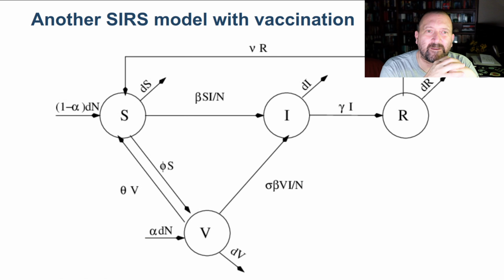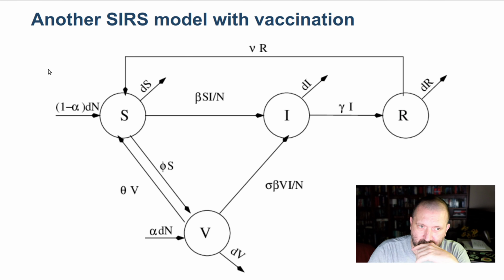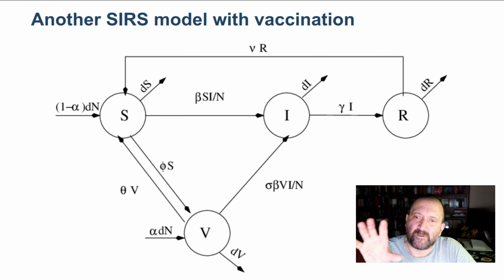The idea here was to consider an SIRS model, but here we put vaccination. When I introduced vaccination in another lecture, I took this very simplified approach, which was to say that we took some individuals and put them directly into the recovered class.